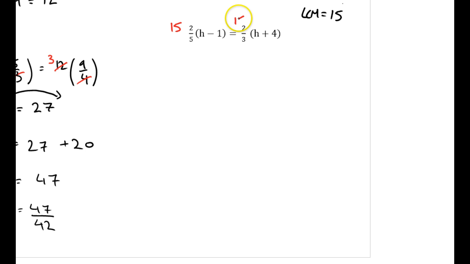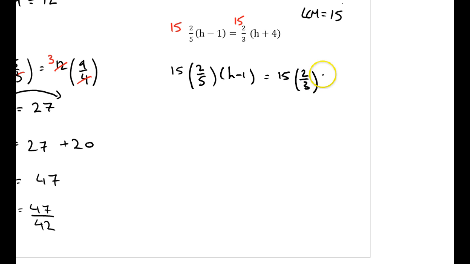Let me write this out. 15 times 2 over 5 times h minus 1 equals 15 times 2/3 times h plus 4.